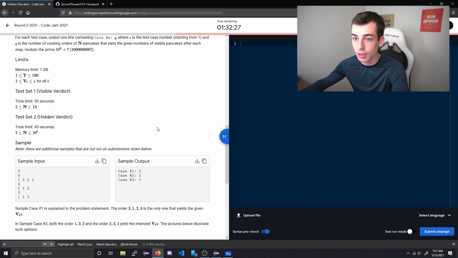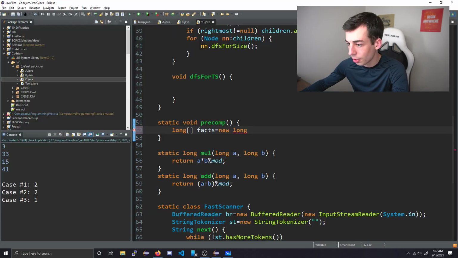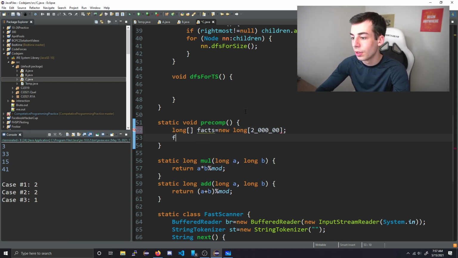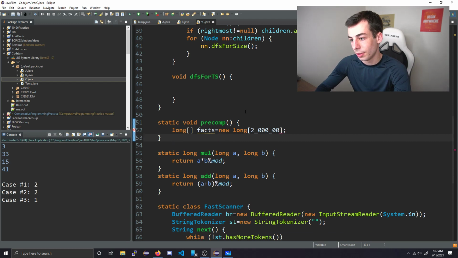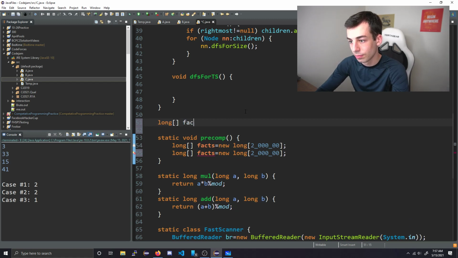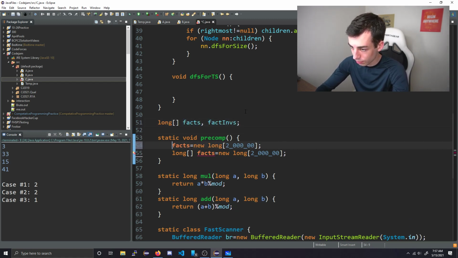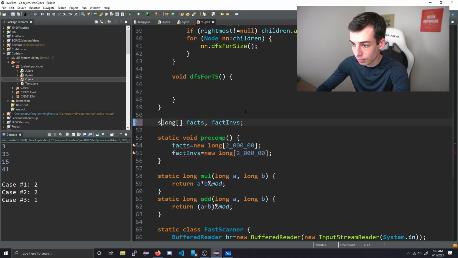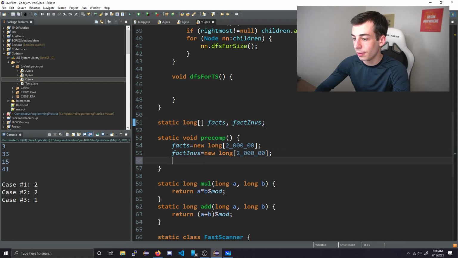How big is this? 10 to the 5th? Okay. Long. And then we need factorial inverses. All right.